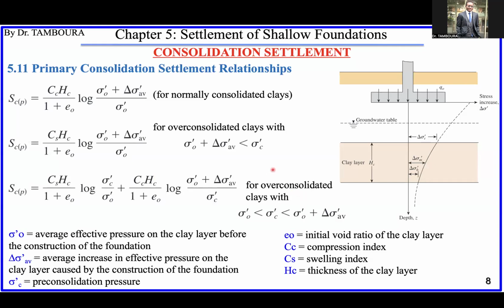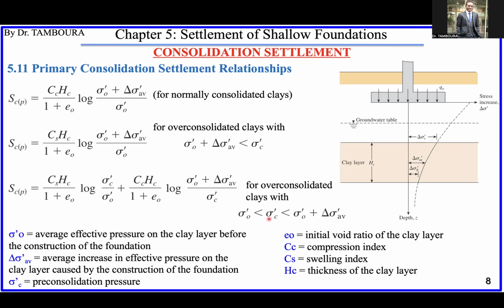It is over consolidated, but you have this, the sigma prime 0 is less than the pre-consolidation pressure. But then if you add the additional load due to the foundation to the initial one, then it will be over the pre-consolidation pressure.